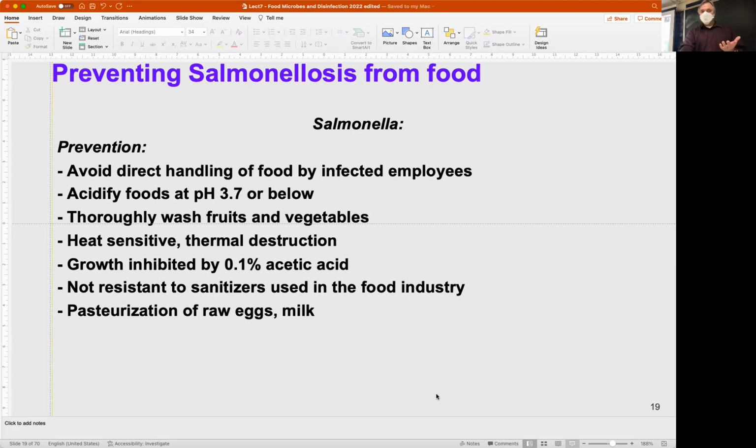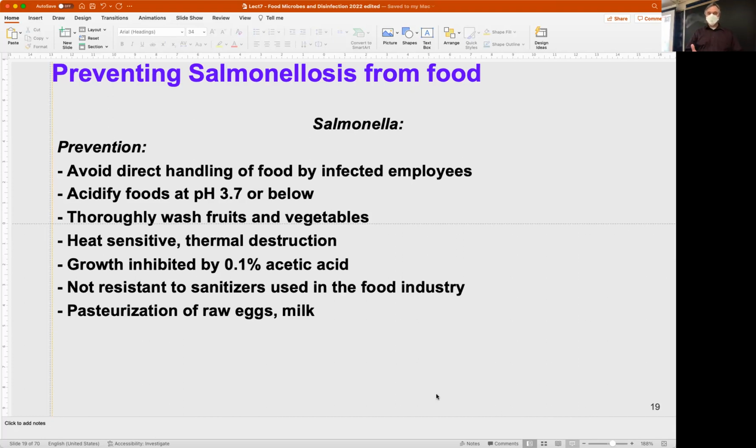How to prevent salmonella poisoning? Avoid direct handling by infected employees. So if you know you're infected, don't let that person in the kitchen. If you acidify your food, so if you add a little bit of vinegar, that'll help kill off any salmonella. Wash fruits and vegetables. It's one way of removing the bacteria, but they can still be inside.